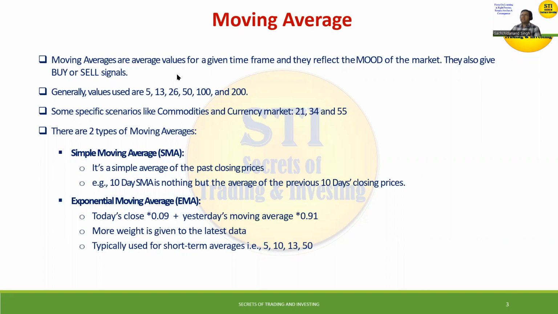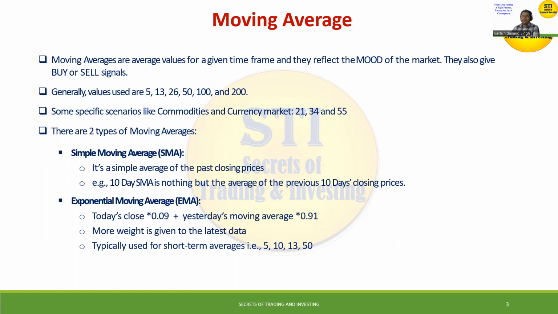These numbers are derived in a kind of Fibonacci way, or the simple understanding is that it gives you enough intervals like 5, 13, 26, 50.